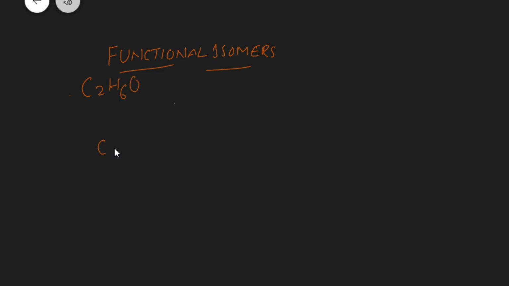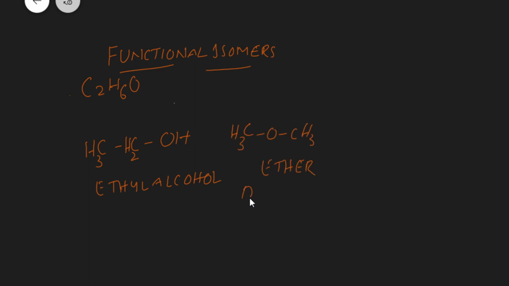So two carbons, the one with OH, I will write as CH3, CH2OH. So this is your ethyl alcohol. And the same formula you can write in another form as CH3OCH3. That's your ether, which is dimethyl ether.